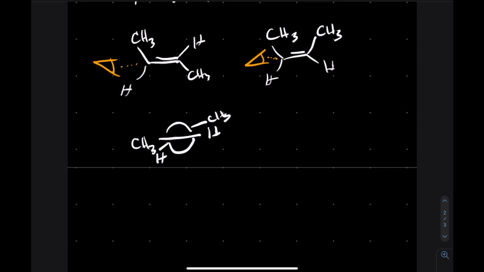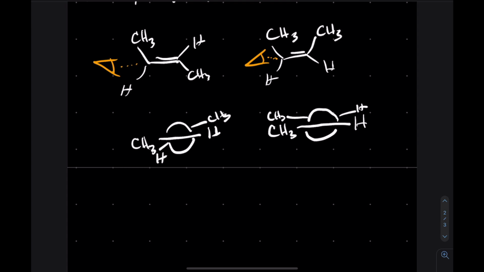Strictly speaking, it's not false to twist them slightly out of plane, but I'm overdoing it because it's really hard to show eclipsed conformations without obscuring a whole bunch of stuff. I guess I could just draw them like this, so it's just a little bit above. That's probably a little bit better. But in any case, you can still see. So consider and think about and practice Newman projections with alkenes as well.